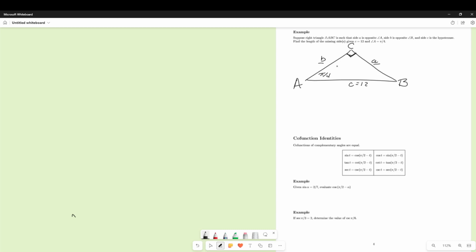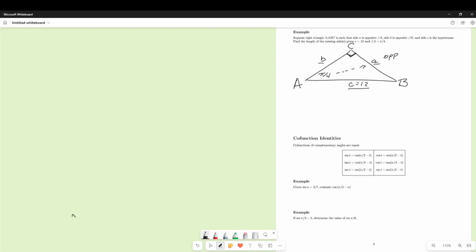Well, we could do this in a couple of different ways. If we notice that pi over 4 is one of our special triangles, we can use that. We'll talk about that in a second. But if we were just doing this directly, we've got our hypotenuse, and side A is the side opposite our angle.